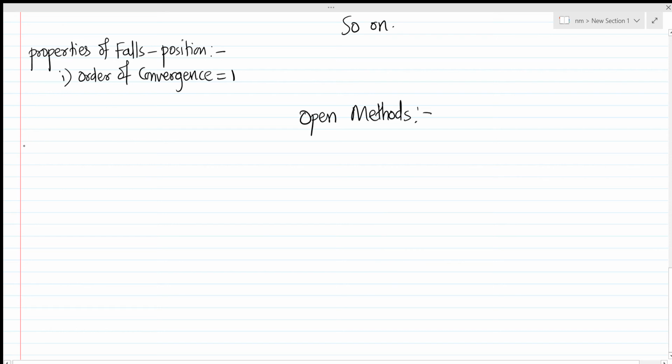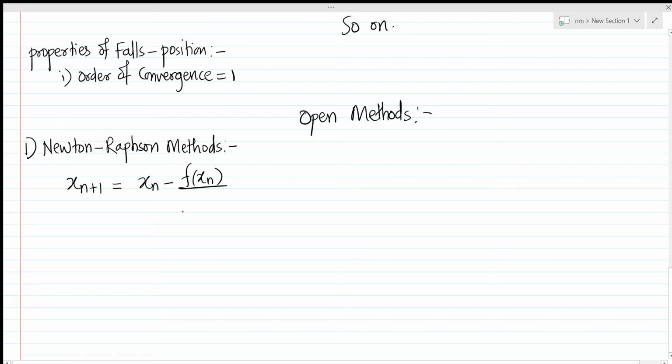In open methods, the first method is the very famous Newton-Raphson method. I will write first the formula for the Newton-Raphson method, that is x_{n+1} is equal to x_n minus f of x_n upon f dash of x_n.